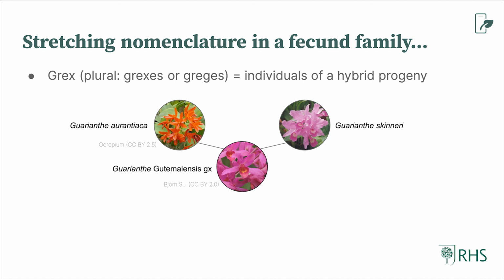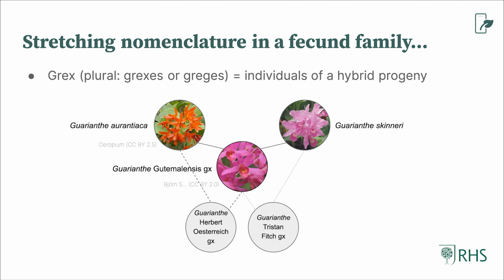And the thing with orchids is because they hybridize quite readily, you can start crossing the parent with the progeny. And here we see Guarianthe Havard Ostgaard, and that's what that grex is known as. And you can also cross with the other parent, and this is known as Tristan Fitch.